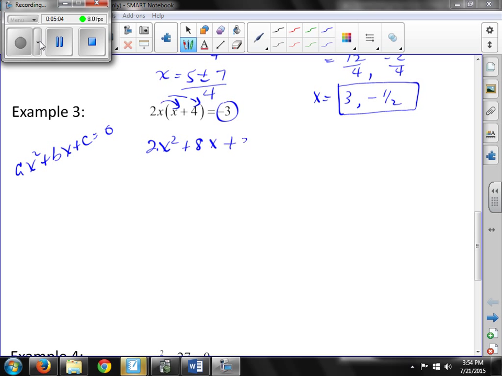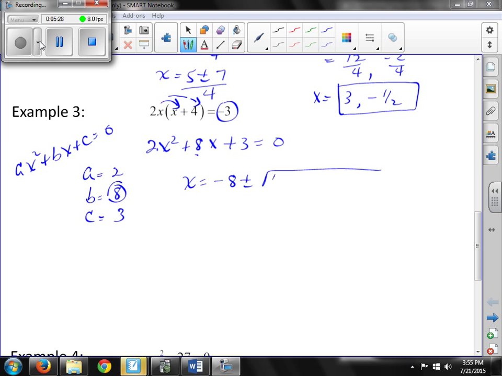It'll become positive 3 is equal to 0. And so a is the coefficient of the squared term, it's 2, and b is the coefficient of the linear term, which is 8, or the x term, and c is the constant, which is 3. So we have x is equal to the opposite of b, which would be negative 8, plus or minus the square root of 8 squared.